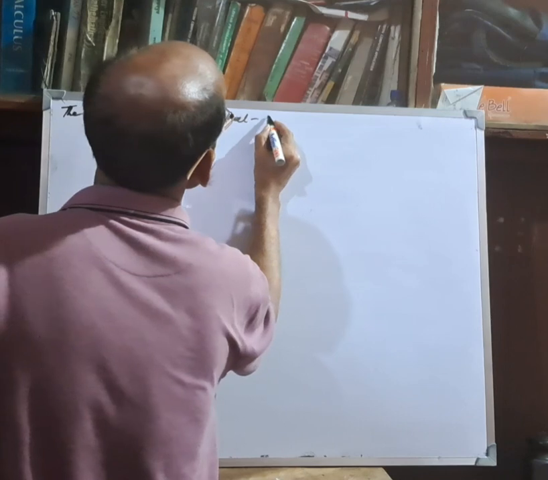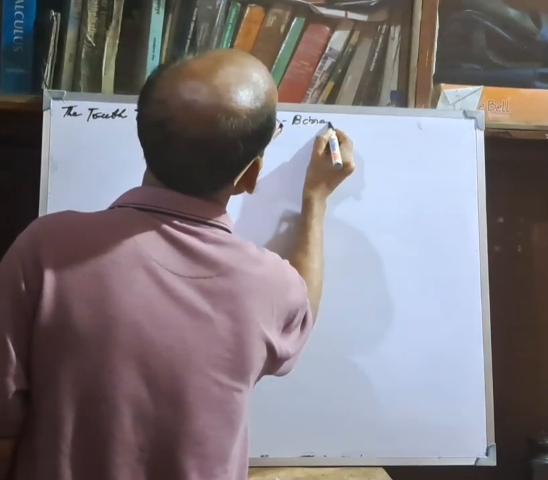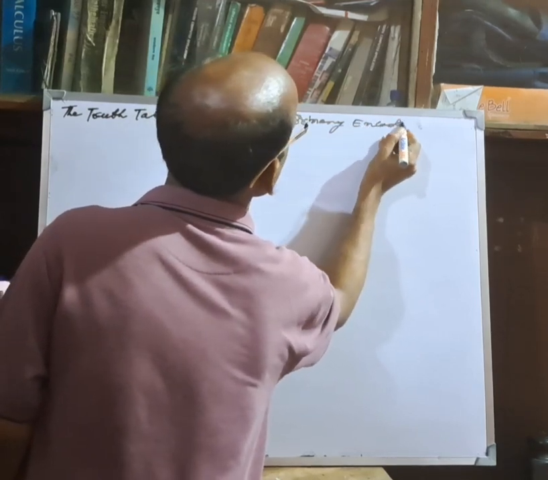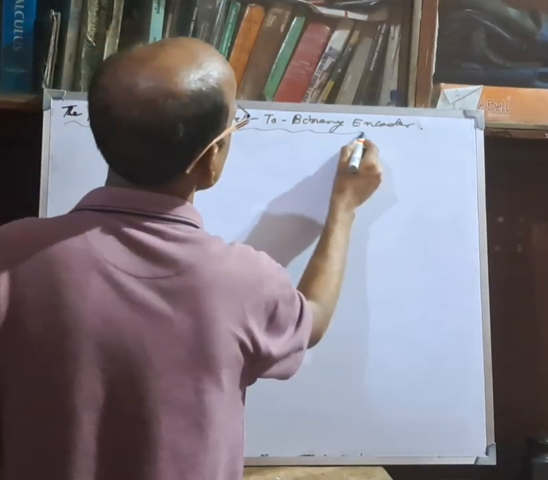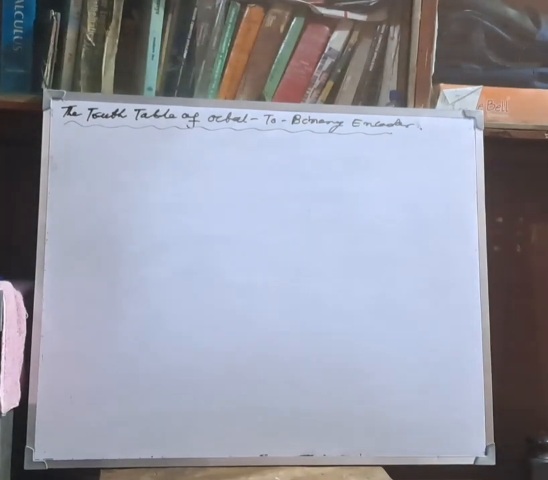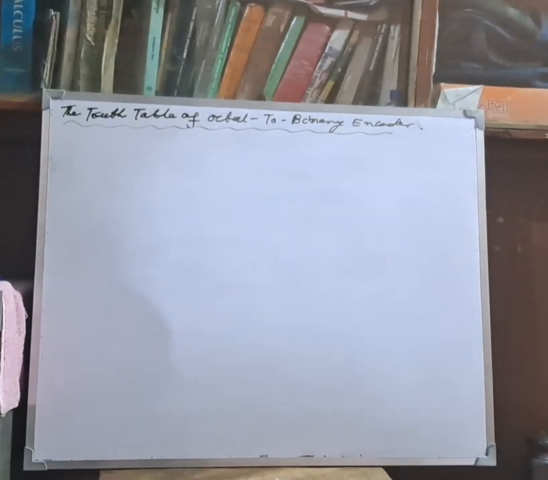Okay? And you just see the truth table of octal to binary encoder. Fine. Actually, in the same board, I will try my level best to explain you the truth table and logic circuit diagram both. Okay?